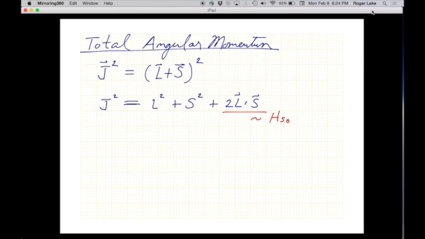And so L dot S, which is what we really need, because we have to calculate the matrix elements of this L dot S, is equal to 1/2 J squared minus L squared minus S squared. So we'll actually be calculating the matrix elements of the right-hand side of that to get the matrix elements of L dot S. And I think that's enough for this time. We'll review this next time and go on from there.